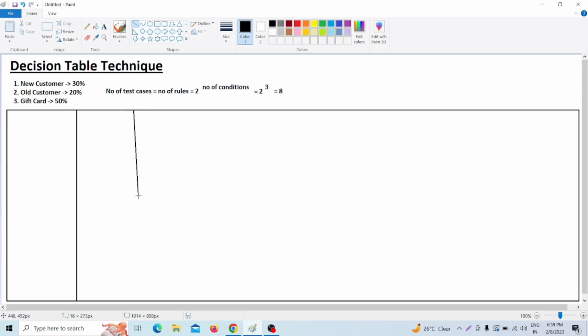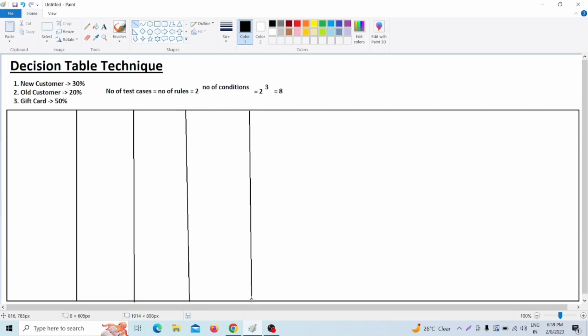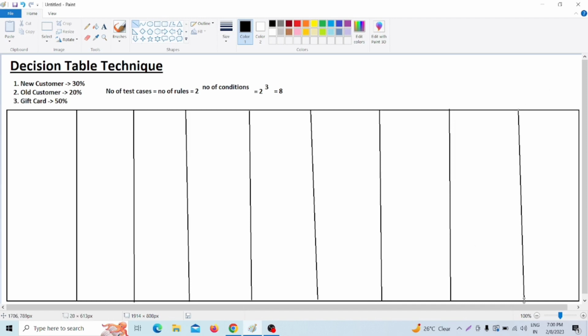That means 1, 2, 3, 4, 5, 6, 7, and 8. So total 8 boxes are there. These 8 are for the 8 test cases.